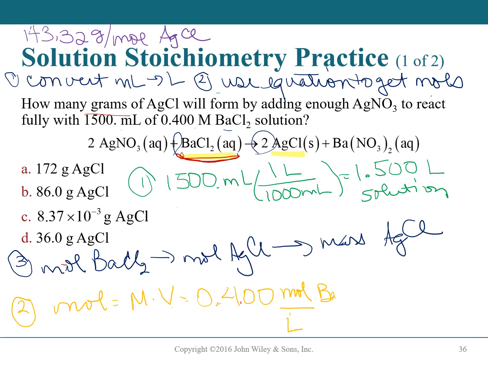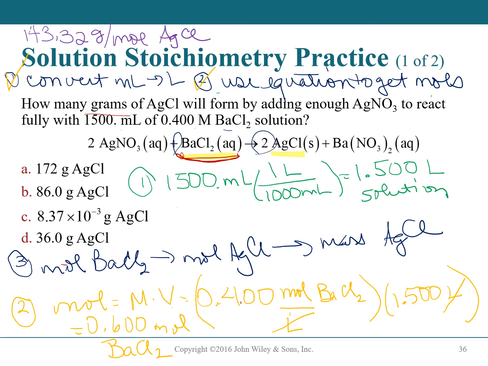This is for barium chloride. And my volume, we said, was 1.500 liters. Okay, so the moles of barium chloride is 0.4 times 1.5. I get 0.600 moles of barium chloride. Okay, so we finished step 1, we finished step 2.